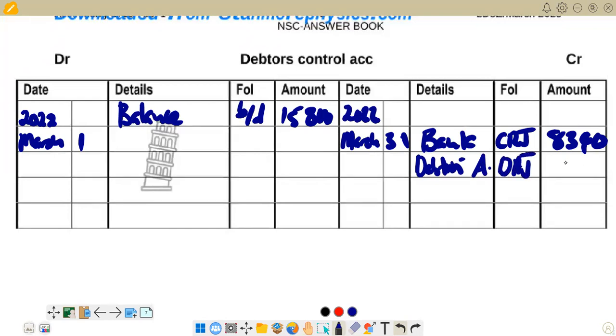The amount that we have there is 432 at selling price. So this is the figure that we have. Then we go to the next one to check what we are going to do.